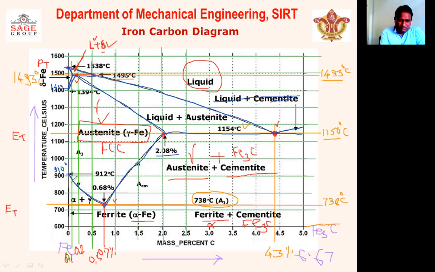And now the remaining two lines will be like this. Start from 910 degrees Celsius and meet it to here. Now at this point the weight percentage of carbon is very low, that is 0.02 percentage. And then finally join this point to here.